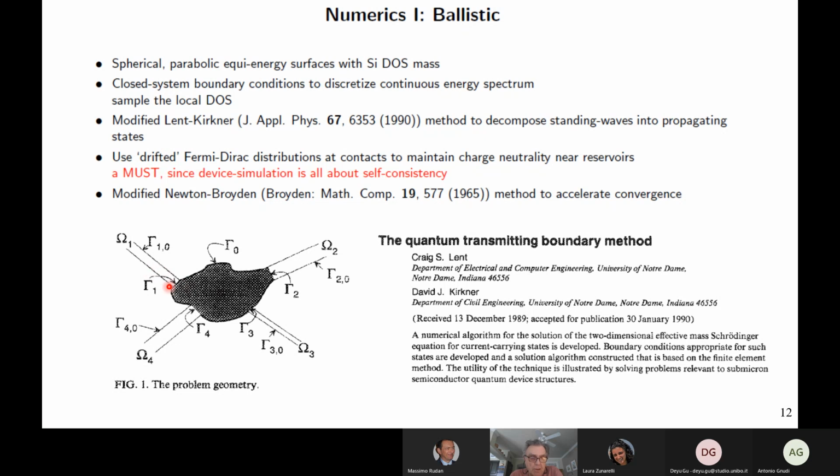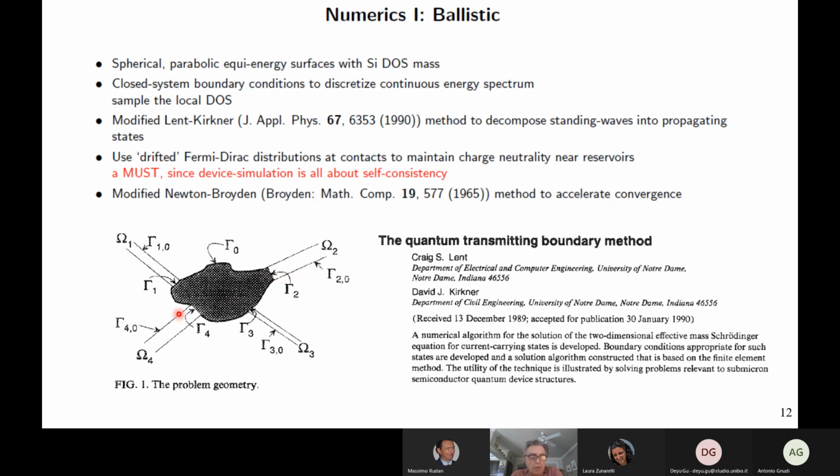Each of them is injecting waves of a known amplitude, and the idea is to calculate what is the wave function inside the device with the boundary condition of each contact injecting waves of the known amplitude. And then, of course, you want to extract the probability that, say, a wave injected from contact 2 will be transmitted into any of the other 3 contacts, 1, 3, and 4, and will be reflected back to contact 2.